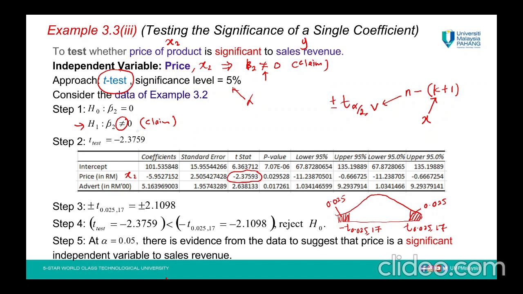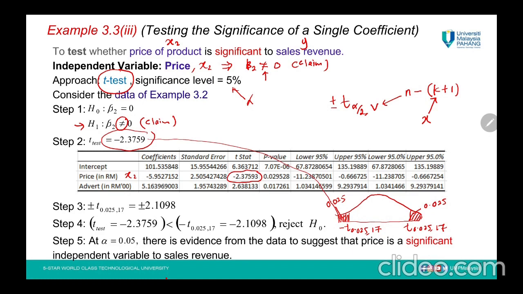So complete step 3. Now we go to step 4. In step 4, we want to make a decision on H0, and the rejection rule is: if t-test is less than negative t critical value, or if t-test is greater than t critical value, we reject H0. By comparing t-test and t critical value, we can see that the t-test lies in the rejection region.